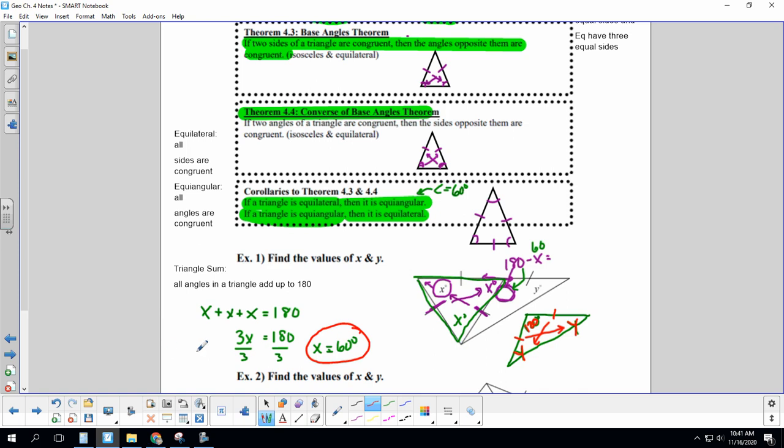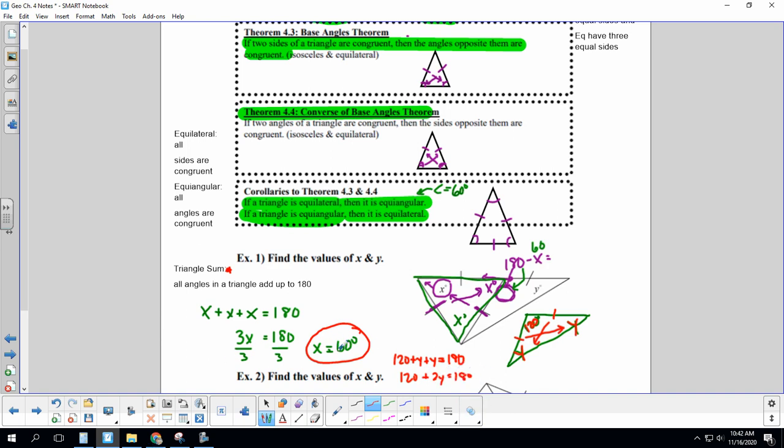All right, so we're going to put together one more equation using the triangle sum theorem. All the angles in a triangle add up to 180. So that's 120 plus 2y equals 180.